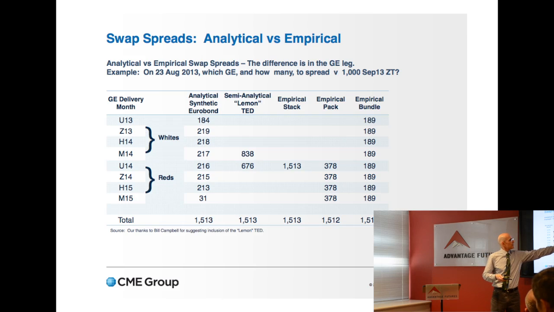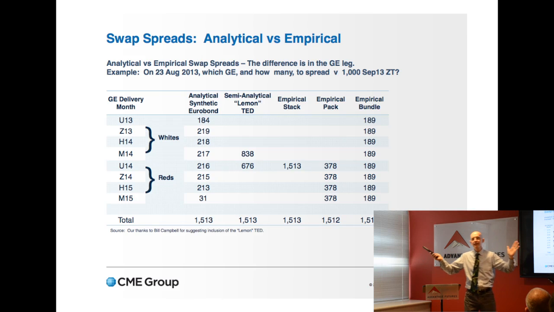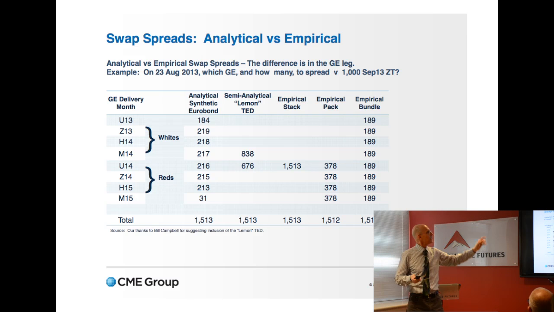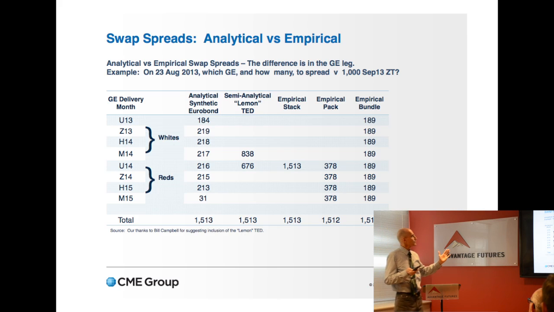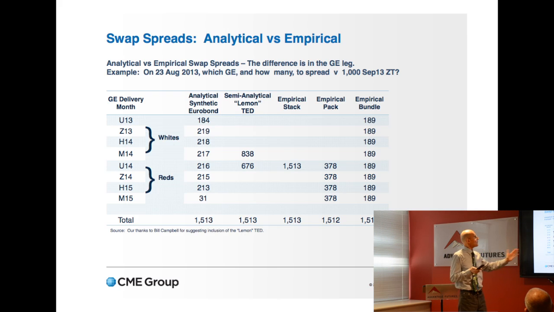You can do stacks. There's a pack. There's a two-year bundle. What do they all have in common? The DV01 of the SEP 2013 two-year note is approximately $37.81 or something per 01. So for a 1,000 lot, it's about $37,800.